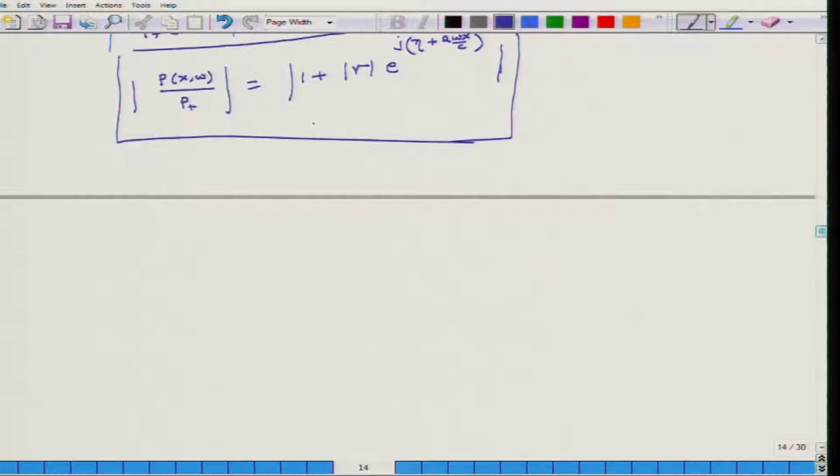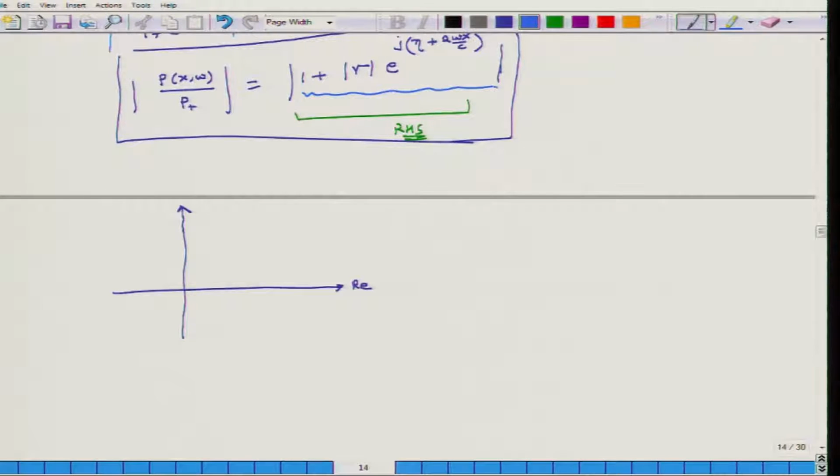So, what we will do is, this is our RHS, and we will plot the RHS on a graph. Okay. So, we will use polar coordinates. So, I have a real axis and I have an imaginary axis, and I am going to plot the term which is in blue.